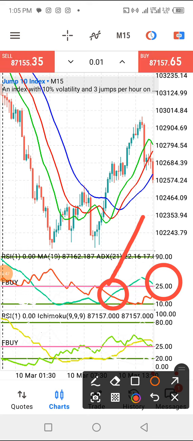At this point, you see that the green ADX line is making a move to cross the 25 level, showing that there's momentum towards the upside. That is the first one. And secondly, the moving average, the Ichimoku, which is the yellow line, is the one under, so it's pushing it.